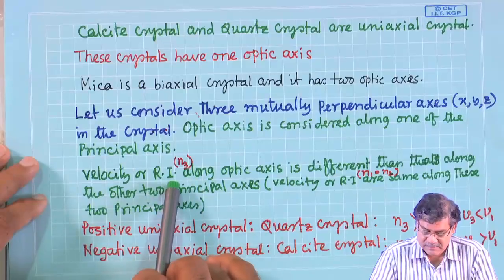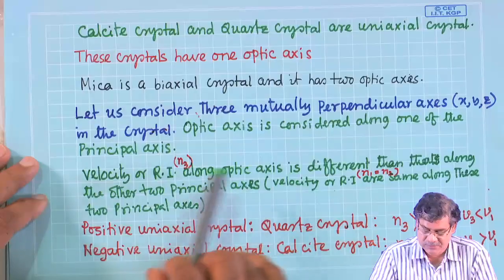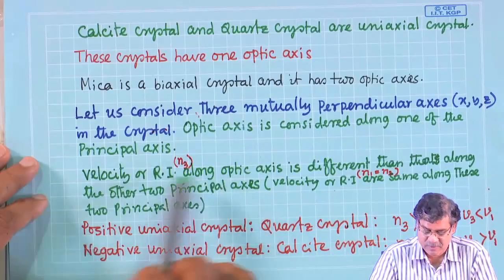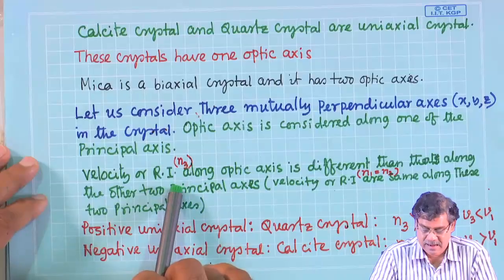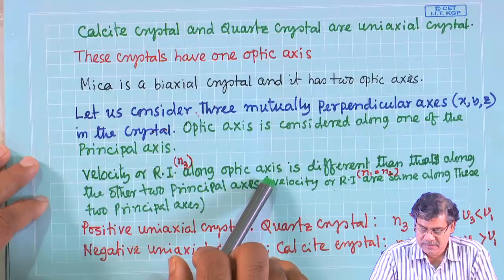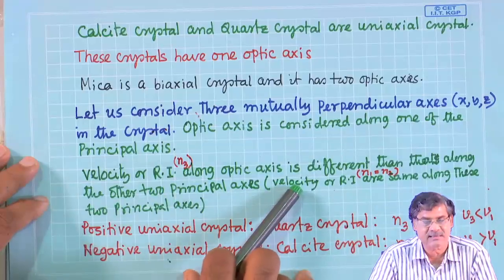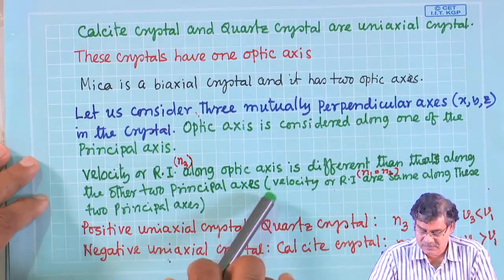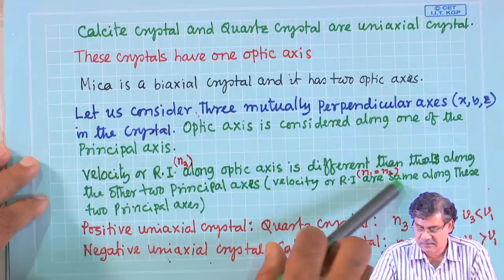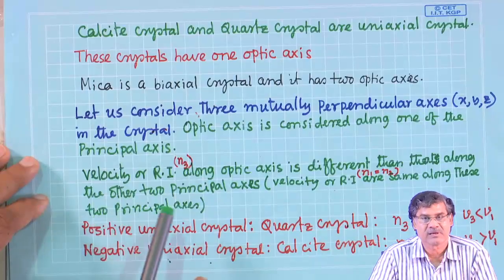That is along the optic axis. So, the velocity or refractive index along the optic axis, the z axis, is different from that along the other two principal axes, and it is the same along those two principal axes.